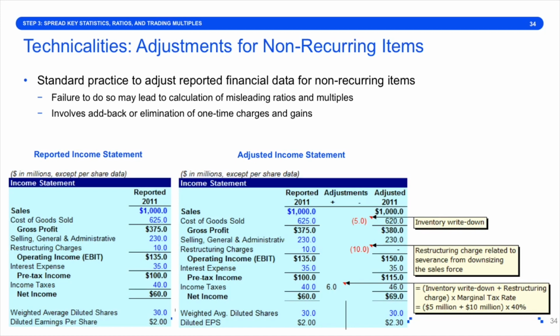So let's assume that last year the company had a one-off cost for something weird that will not repeat in the future. That number should not affect my valuation because it's not going to be repeated in the future. So usually the second technicality is that you should, as much as you can, try to adjust your income statement for non-recurring or extraordinary items.